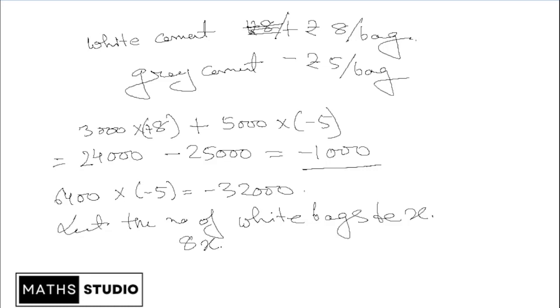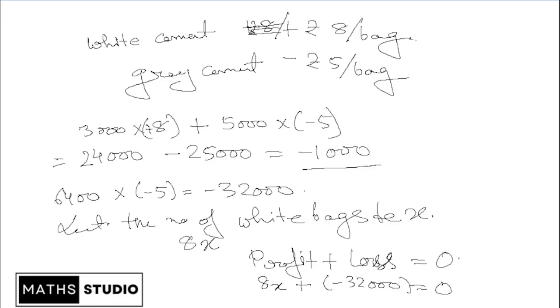That is the profit, and we want a condition where profit plus loss is equal to 0. Profit and loss combined should be 8x plus minus 32,000, and that should be equal to 0.